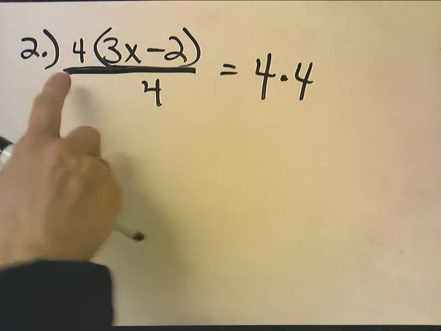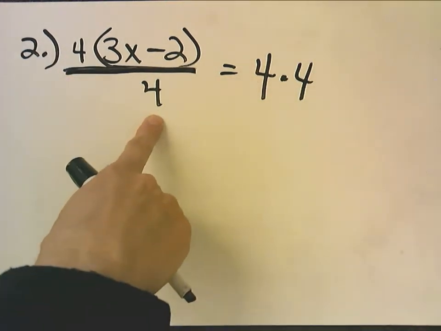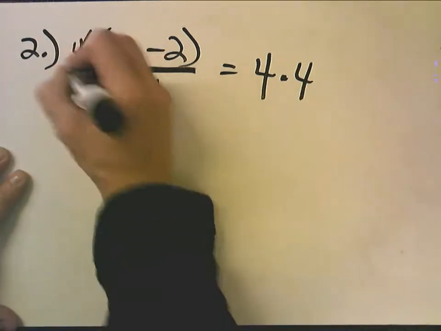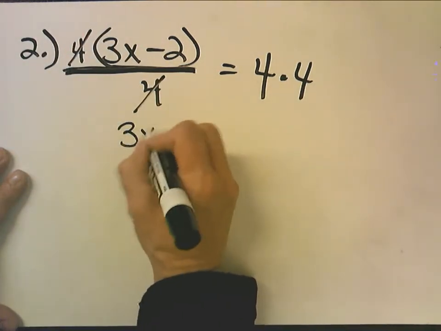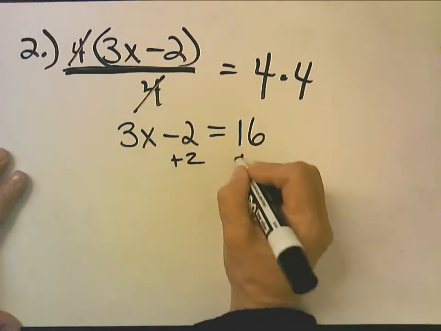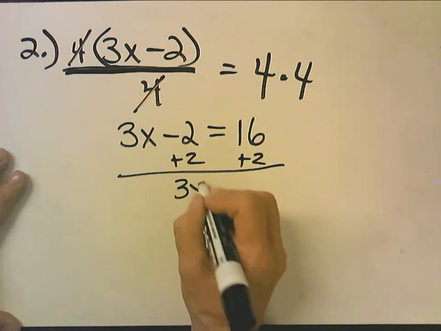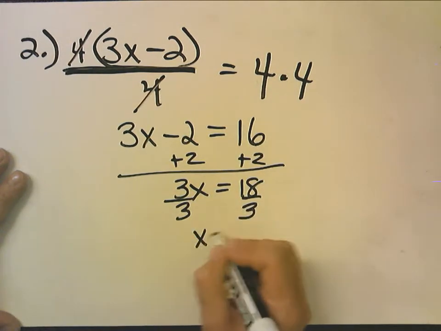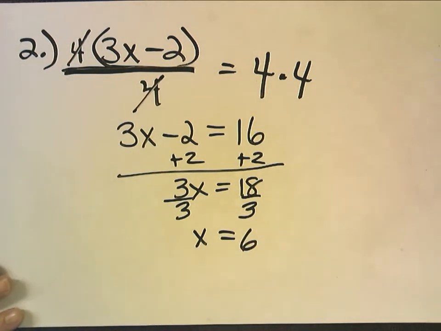But notice I'm multiplying by my only denominator, which is 4. So I have 2 reasons to multiply by 4. Then I get 3x minus 2 equals 16, plus 2, plus 2. 3x equals 18. Divide by 3, divide by 3, x equals 6.